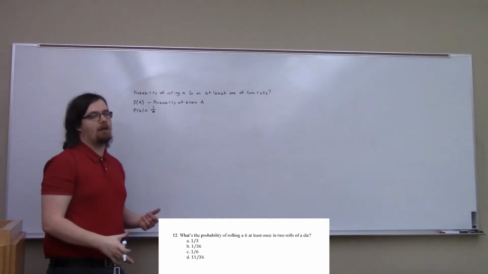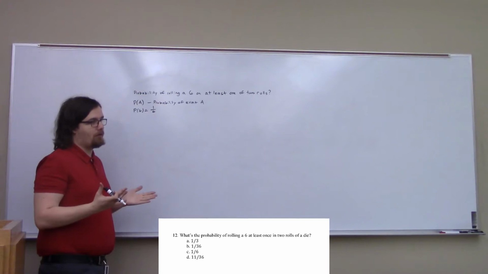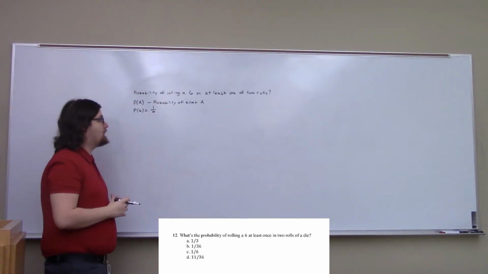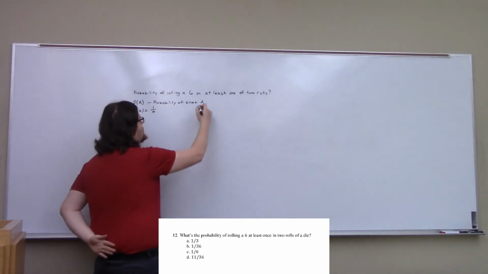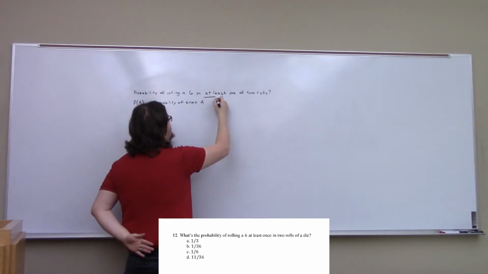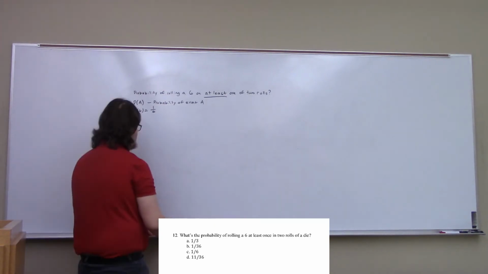There are 6 sides and one of them is 6, so we have 1 out of 6. That's very basic. However, we need some additional information because we're asked to determine the chance of getting at least one 6 in 2 rolls.